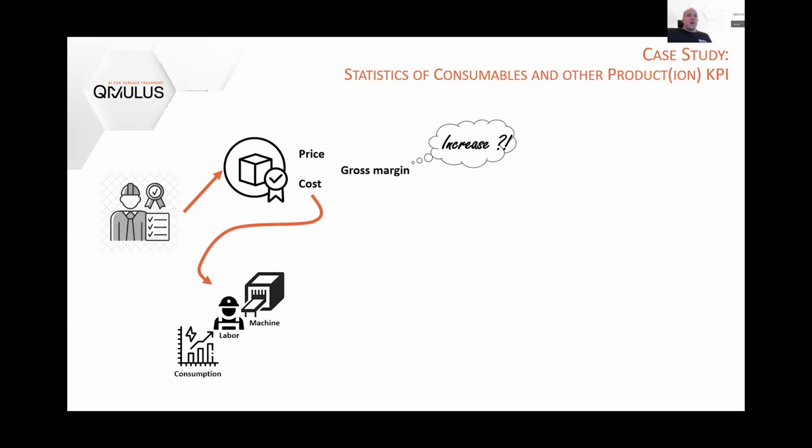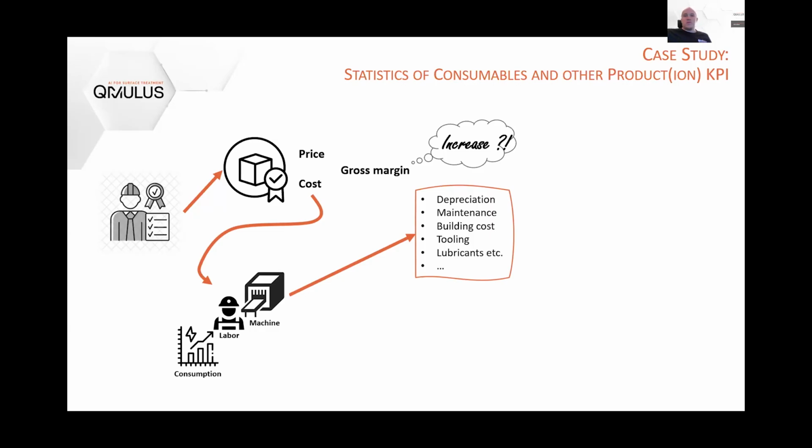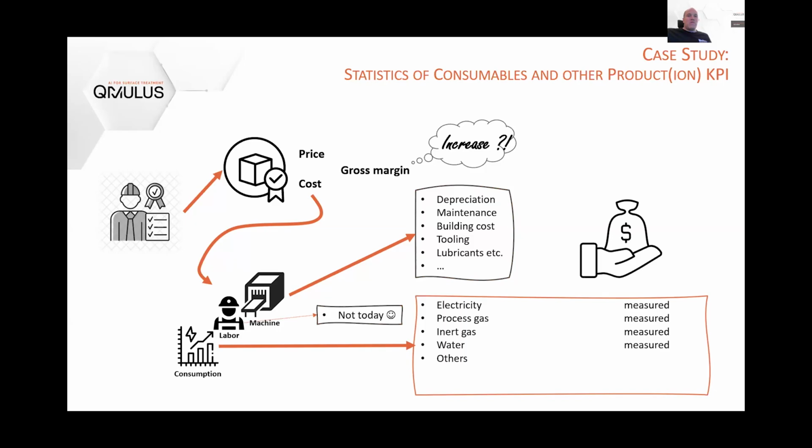What kind of costs do we have? At first, we have all the machinery, which means depreciation, maintenance, building costs, tooling, lubricants, and so on. We have labor costs, which we will not tackle today. And then we have all of our consumption data.